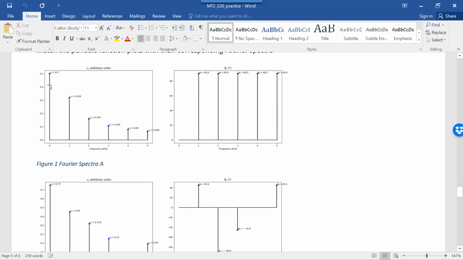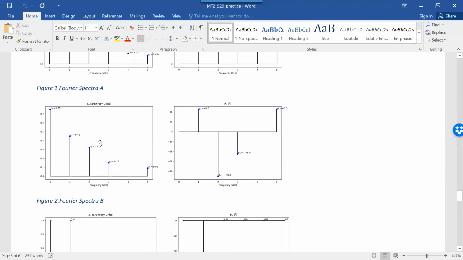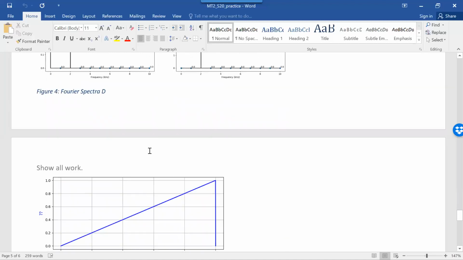So even if you didn't solve for that, it's the classic shape of a sawtooth, where you've got every frequency, and that's pretty classic. So that sorts out those two.